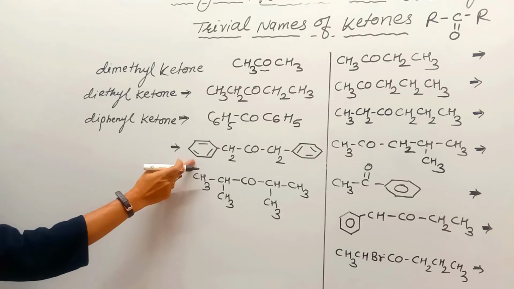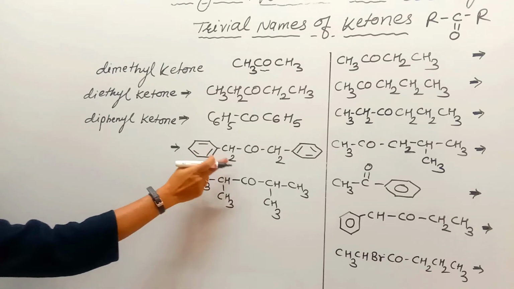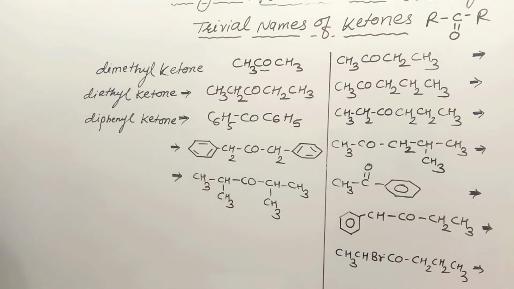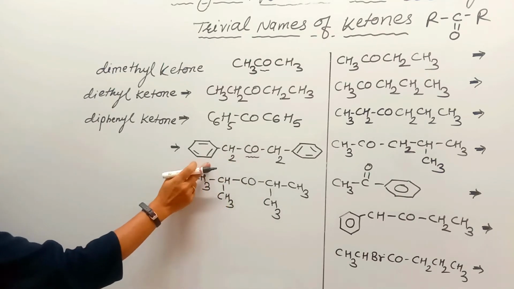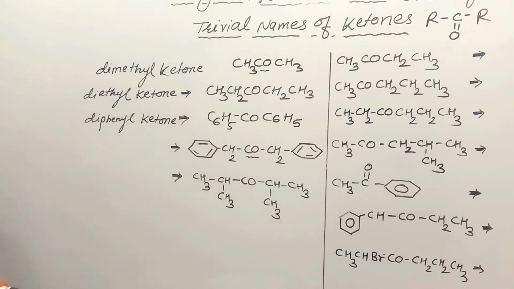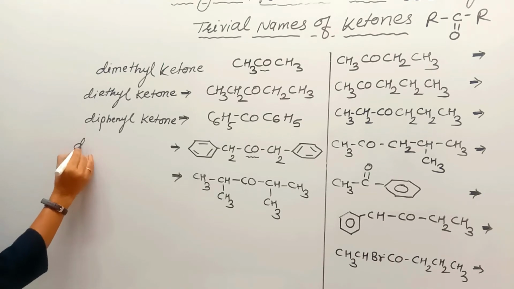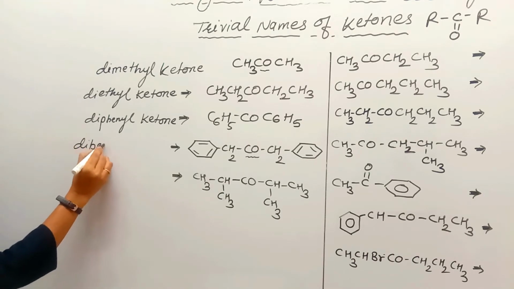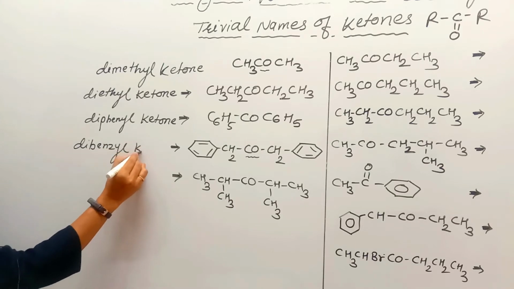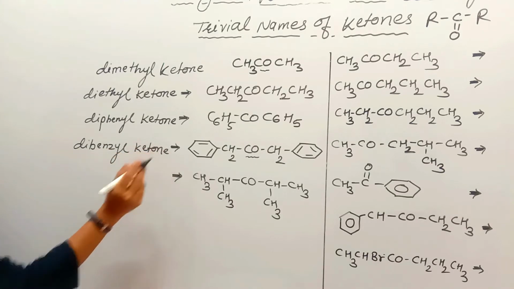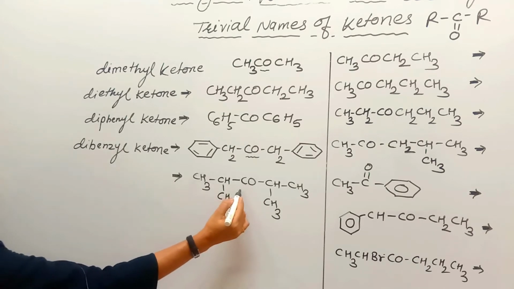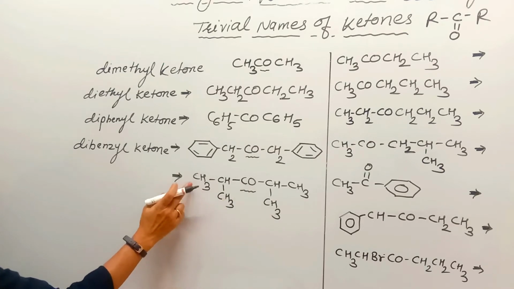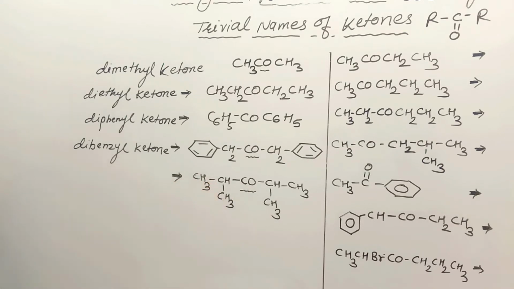Okay. A benzene ring with CH2 is a benzyl group. That's why on both sides of CO a benzyl group is there. That's why we will name the compound dibenzyl ketone. While in this last one, this is your CO. On this side, 1, 2, 3, meaning a propyl group.